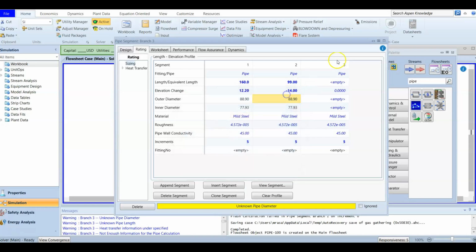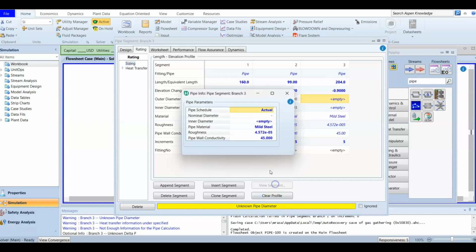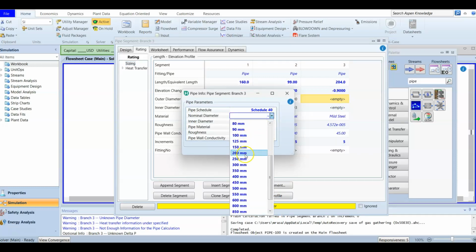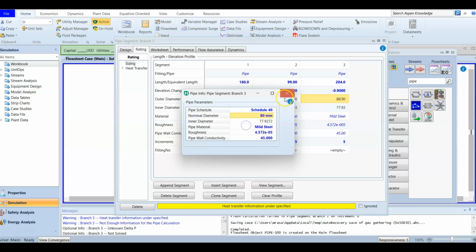Okay, for the third one, we have a length of 204, and it's also under the ground, so it's negative 0.9 meter, and we need to view the segment to change the schedule. Don't forget this step because this is important. Okay, and we are going to add 80 millimeter.